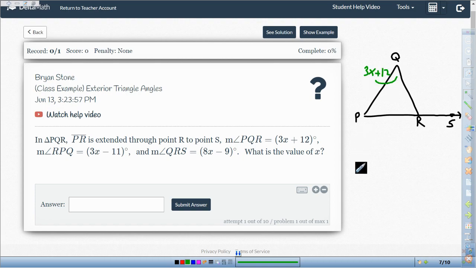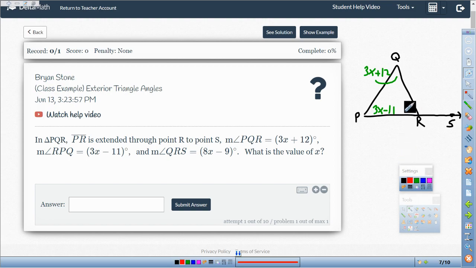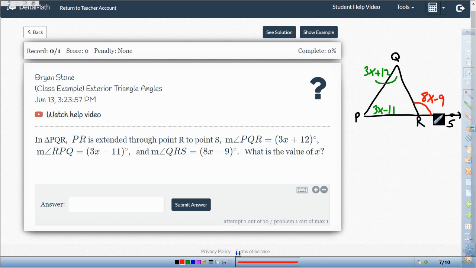Next, angle RPQ starts at R, goes around P to Q, so this angle is 3x minus 11. Then last, angle QRS is 8x minus 9, starting at Q, going around R to S. That's this exterior angle right here.